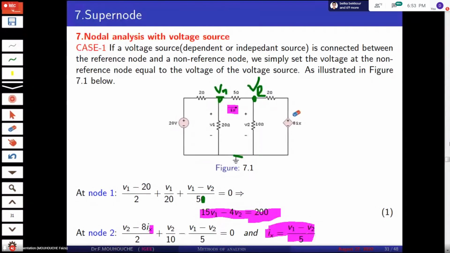This is the voltage source, but it is dependent on the current Ix, which is this one, Ix. Look, this is dependent, which is called the current controlled voltage source, which means the voltage is controlled by the current. This voltage varies with Ix, this current. Okay?